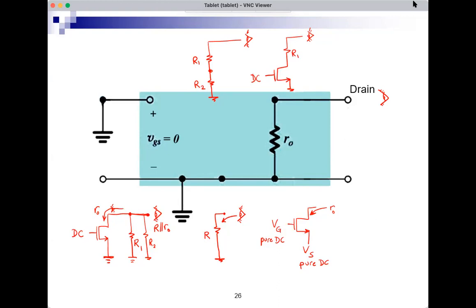So the big I will see R1 in series with what the small I is seeing. What is the small I seeing? It's looking into the drain of the MOSFET with DC here and DC here. So this is small RO. And therefore the big I will see R1 plus small RO. Notice that we're not doing any small signal analysis. We're just applying a very simple rule, the rule that we derived.